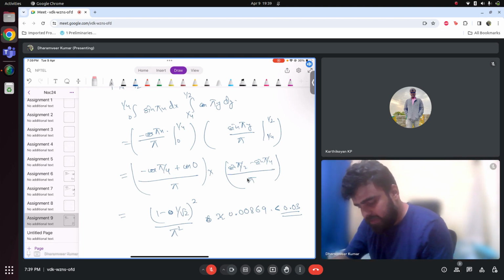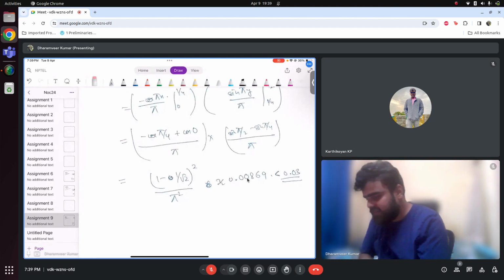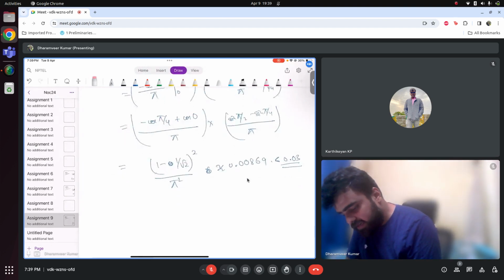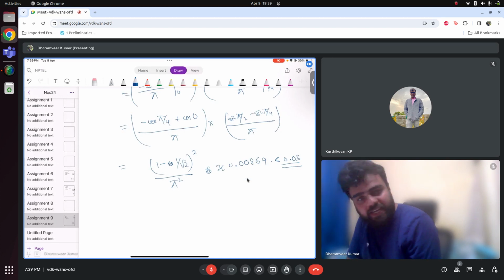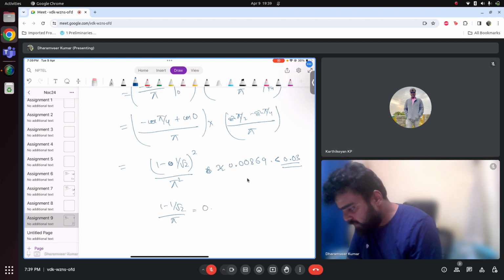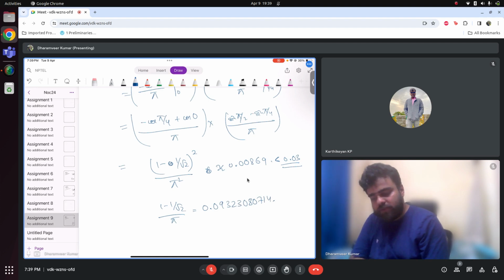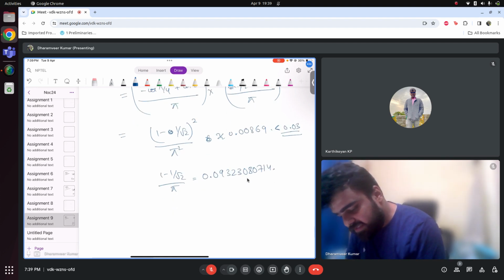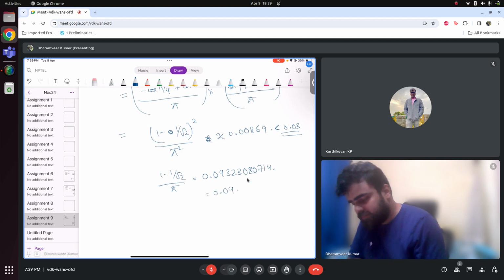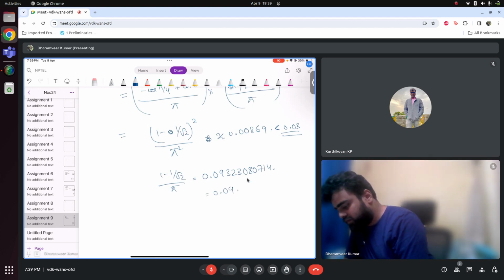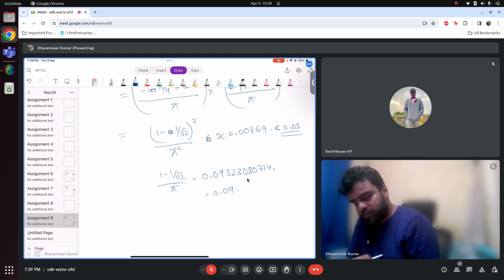Let's say, for instance, why it is very difficult. If you estimate up to 1 decimal place, or if you only take 2 decimal places, this is 0.09, which is definitely greater than this.